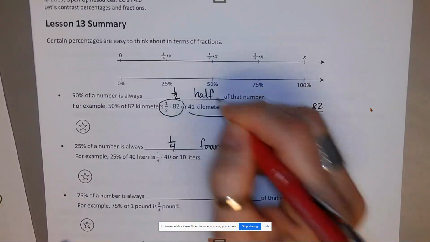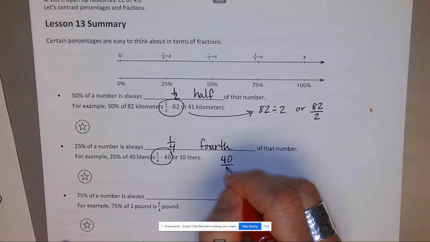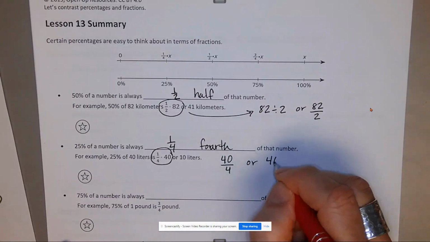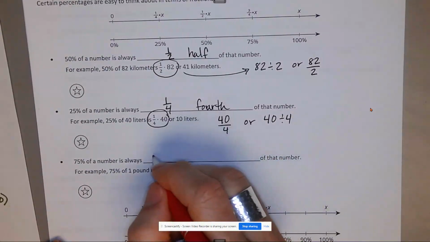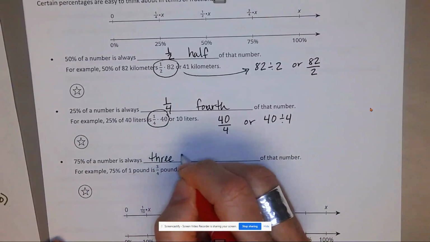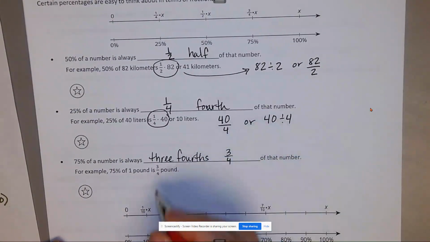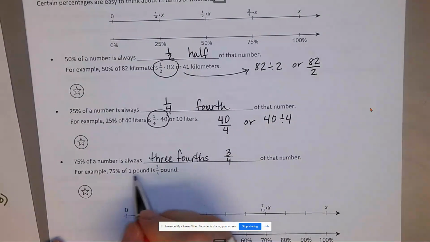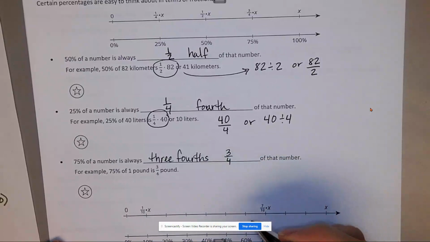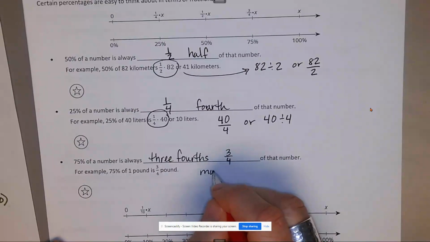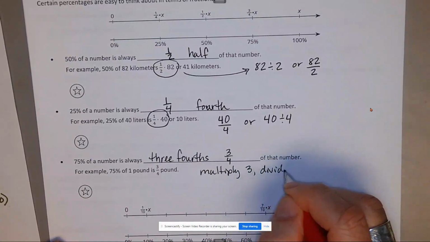Here's our multiply by 1/4, which is the same as 40 divided by 4. 75% is 3/4 of a number. So if 75% of 1 pound, it would be 3/4 of a pound. 3/4 is a little more confusing because you can multiply by 3 and then you divide by 4.